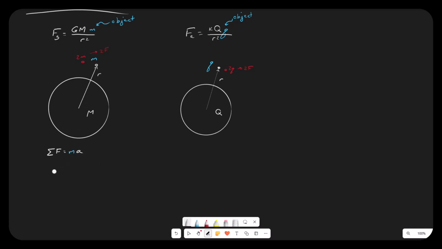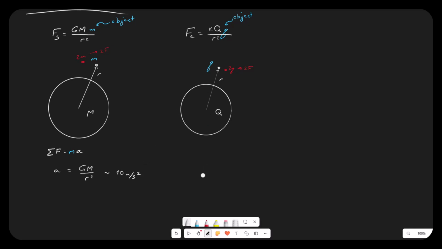So we have an acceleration that would be GM over r squared, and that's kind of an acceleration field, specific to one r value. Near the surface of the earth, this comes out to be something like 10 meters per second squared.